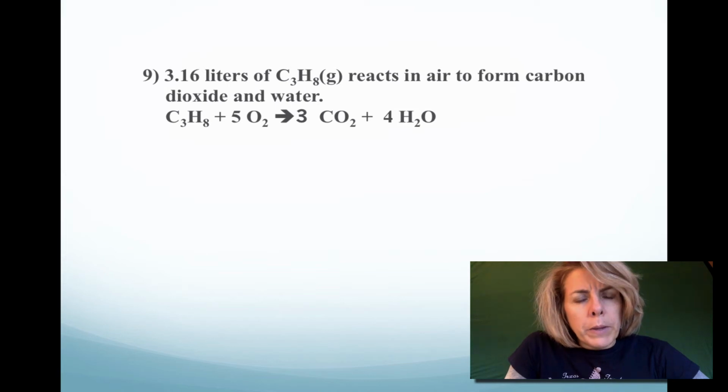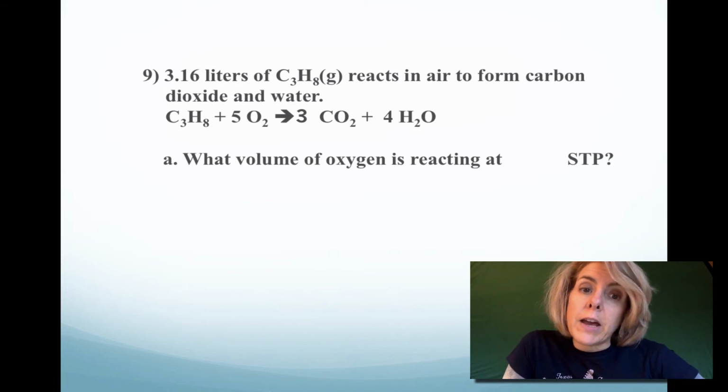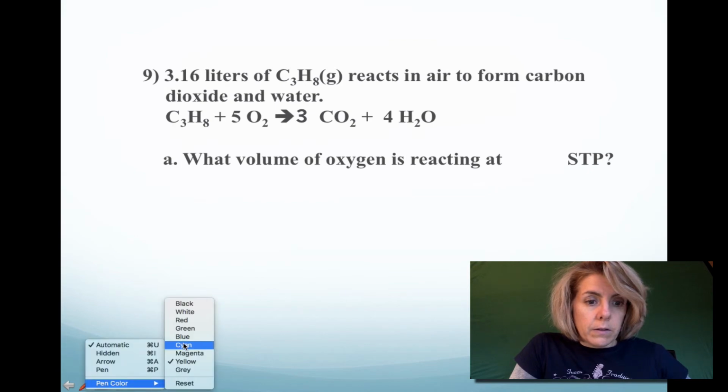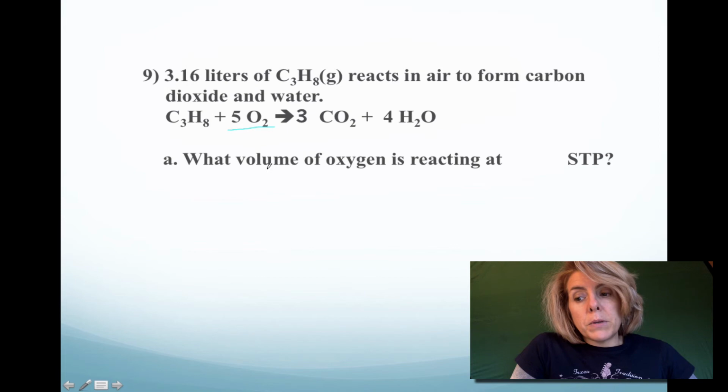So we have a balanced equation once again, and we want to calculate the amount of oxygen. Now notice oxygen is on the reactant side. And remember, STP is standard temperature and pressure, and once again I'll talk more about that in class.